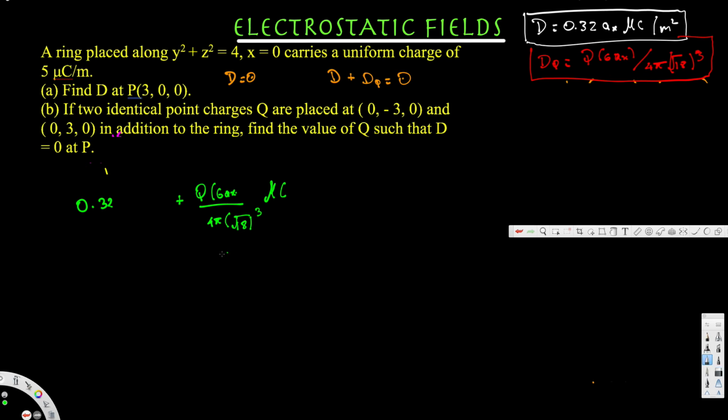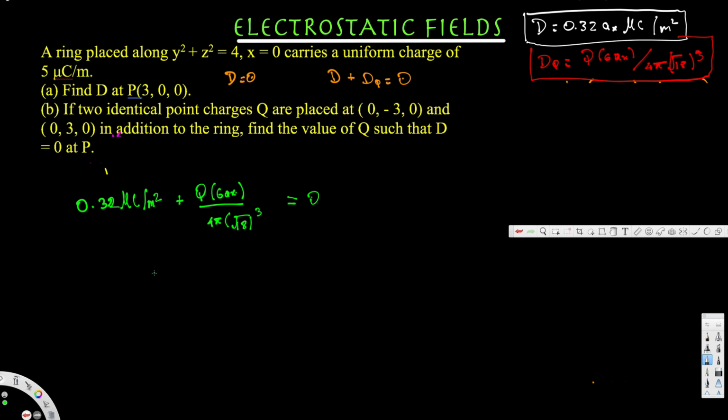Okay, so this is 0.32 and this is this one. We have to equalize this to 0. It's better to keep the microcoulomb expression as well, microcoulomb per meter squared. Okay, let's go ahead and do the addition.